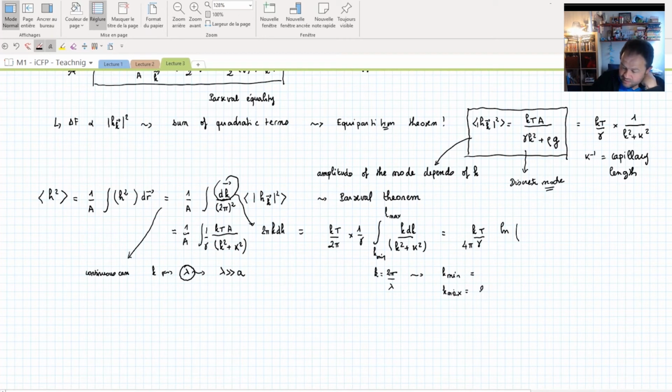Well, here kmax will be 2 pi over a, where a is the molecular size. There is a natural cutoff here. And kmin, well, it will be something like 2 times pi divided by L, the size of the box.